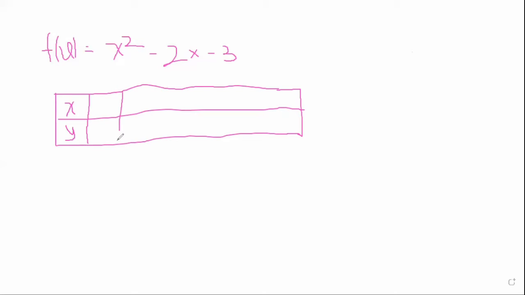We can start from -2, and then -1, and then 0, and then 1, and then 2, and the last is 3.